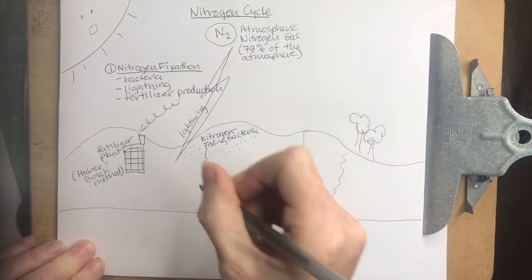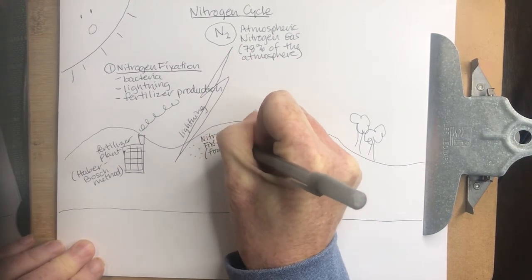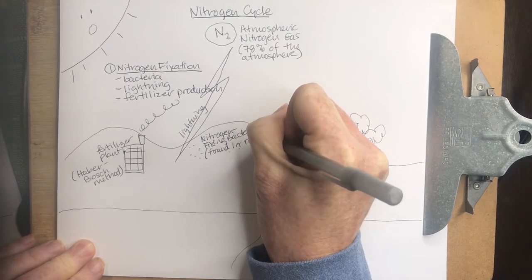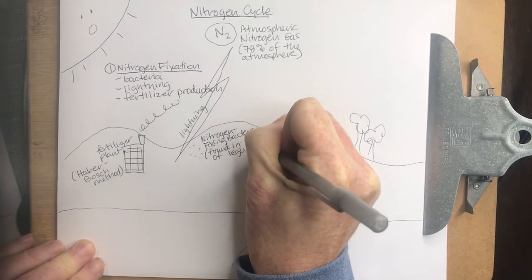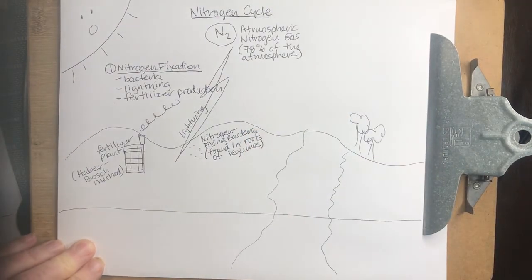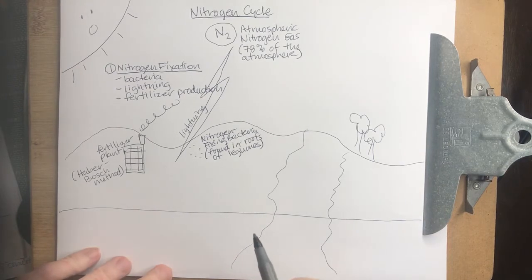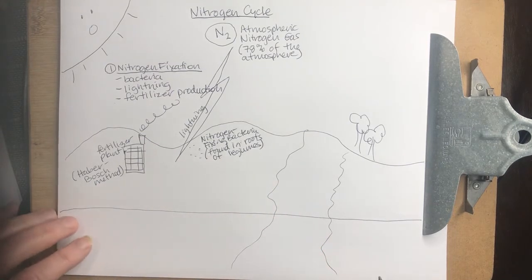The first ones we're going to talk about are the bacteria found in the root nodules of legumes, which are plants in the bean family. They have these little nodules all along their roots, and they are the homes of this specific type of bacteria.